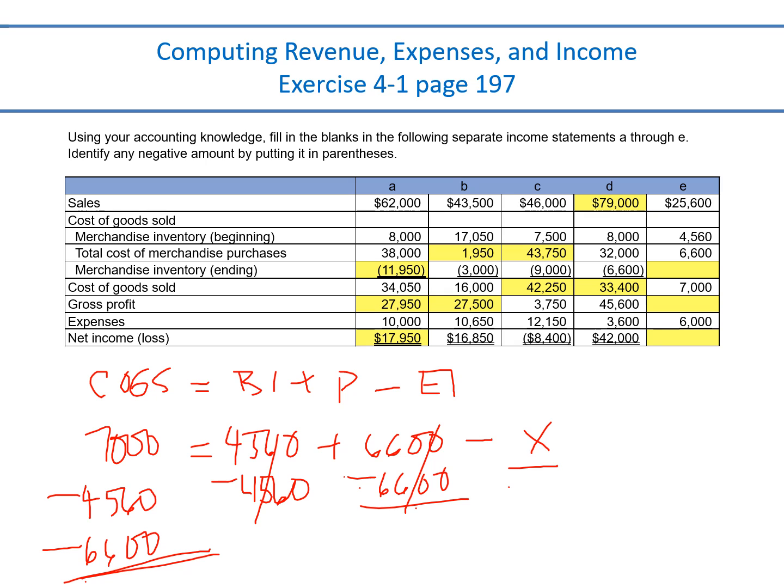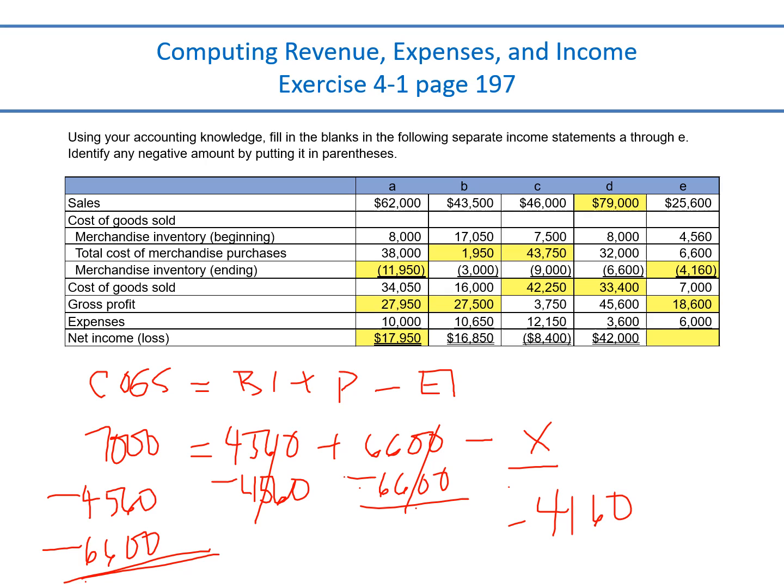So we have X is equal to 7,000 less 4,560 less 6,600 equals 4,160 negative.